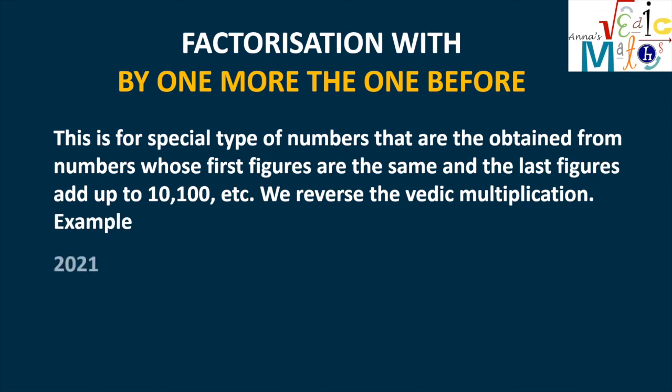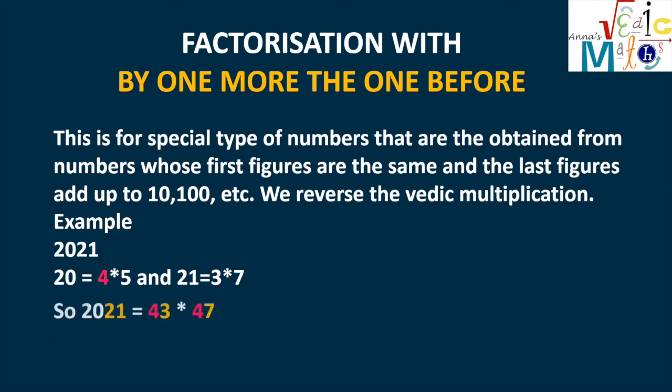For example, we take 2021. 20 is equal 4 times 5, and 21 is equal 3 times 7. We can do the factorization adding the 3 to the 4 and the 7 to the 4. So 2021 is equal 43 multiplied by 47.